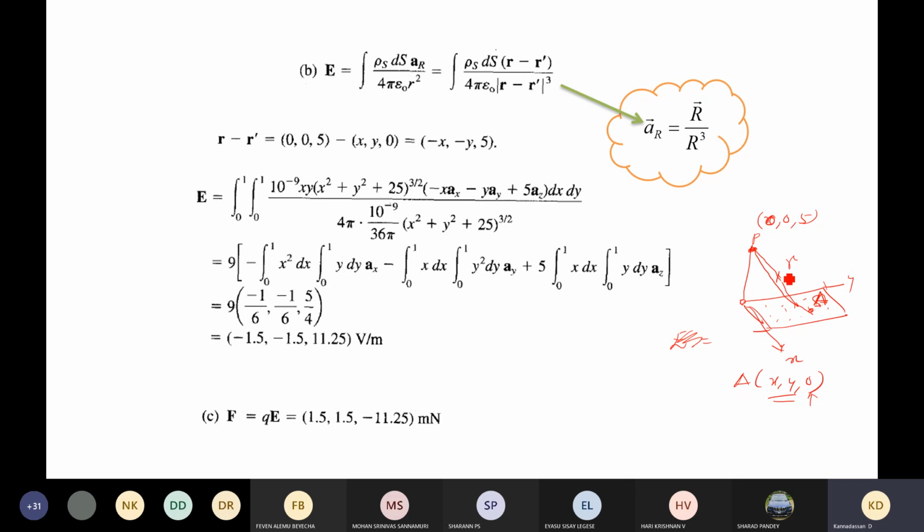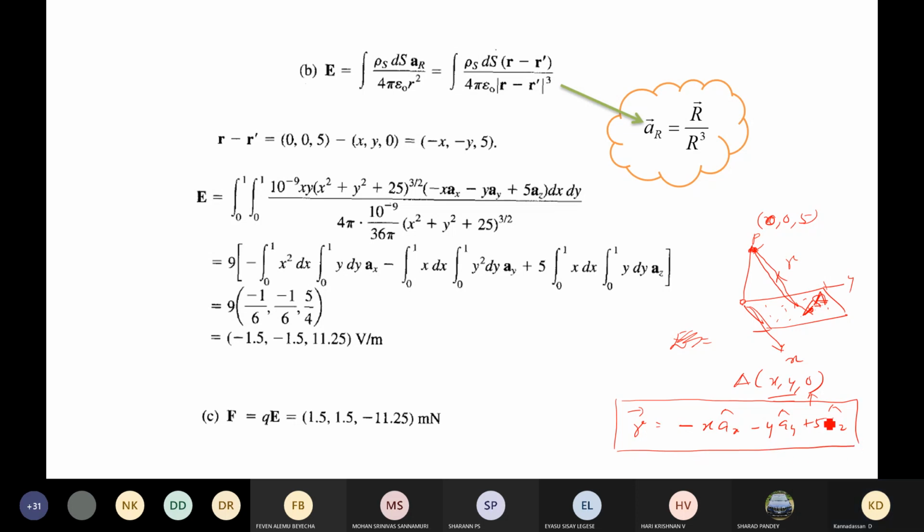So the answer for the R vector is nothing but, this is the starting point, this is the end point. So we generally get minus x ax vector minus y ay vector plus 5 az vector. So this is the R vector.